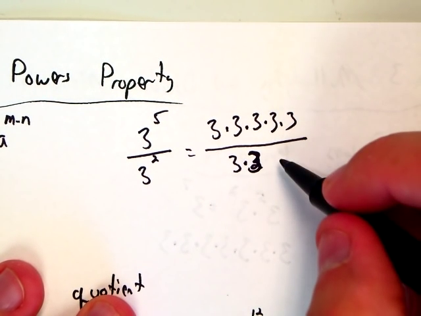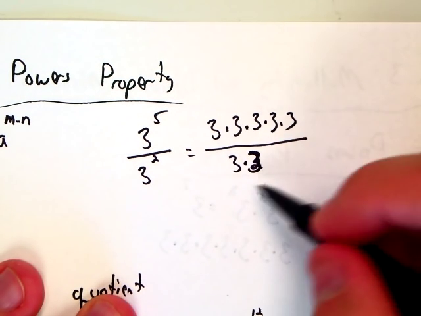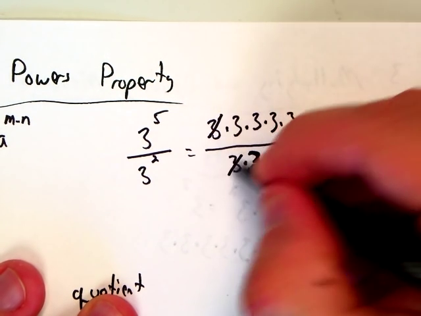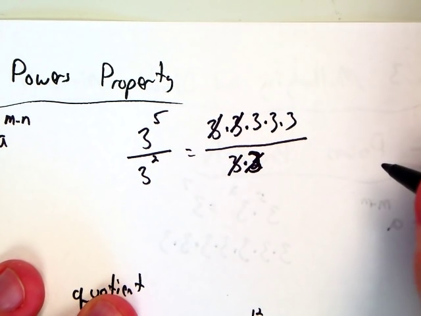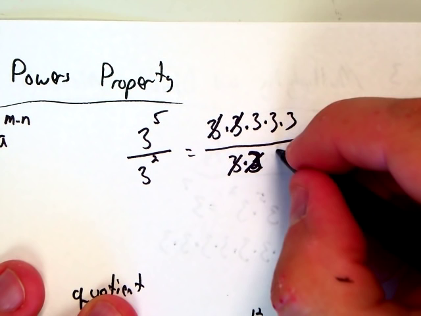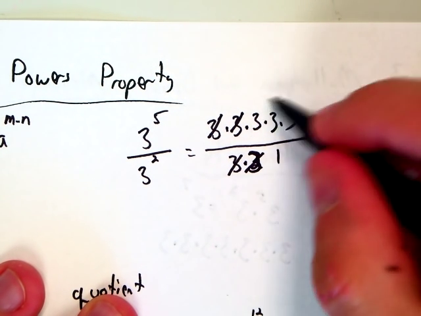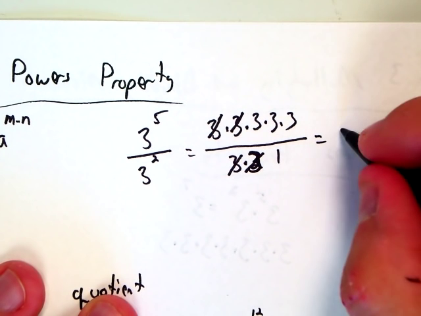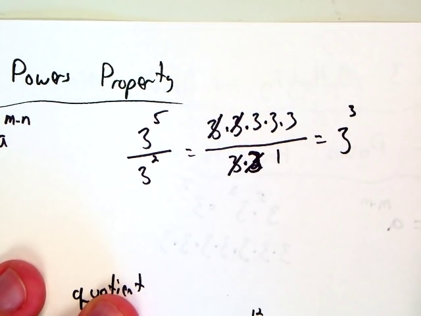Now, when I start simplifying, I have to look for something that's in the numerator and the denominator. Here's a 3 in both the numerator and the denominator. Here's a 3 in both the numerator and denominator. So really now there's a 1 in the denominator, and I only have three 3s left over. So this is now 3 to the 3rd. And 5 minus 2 is 3.